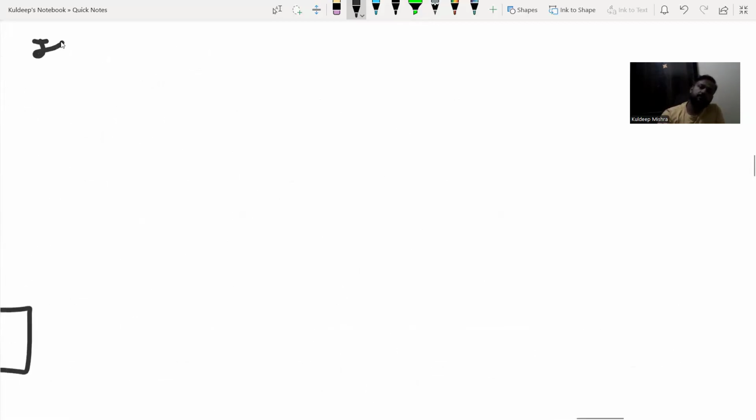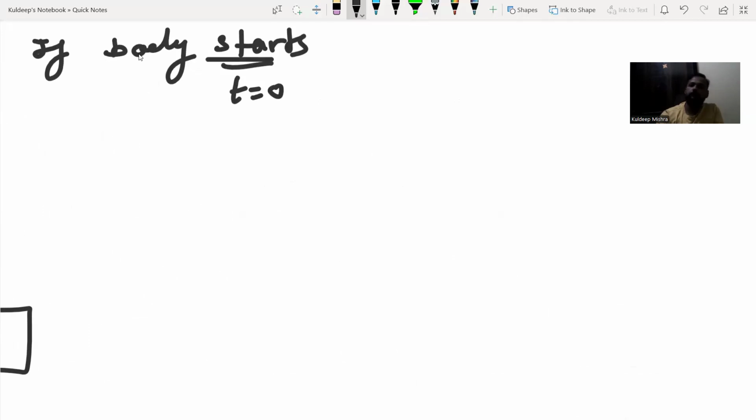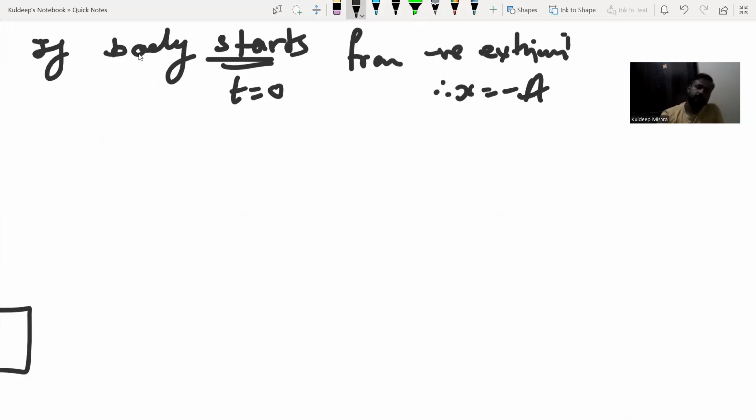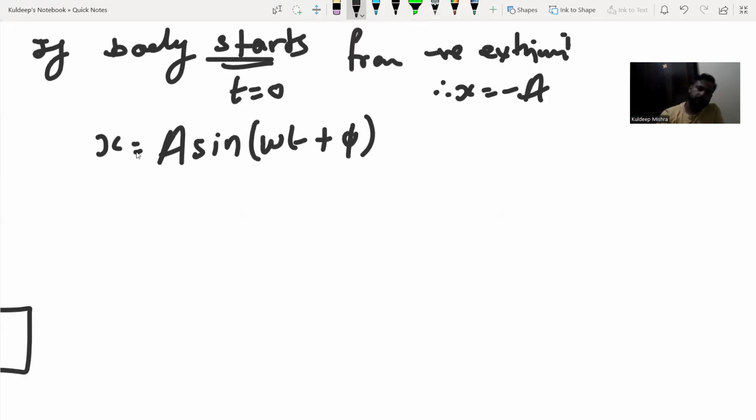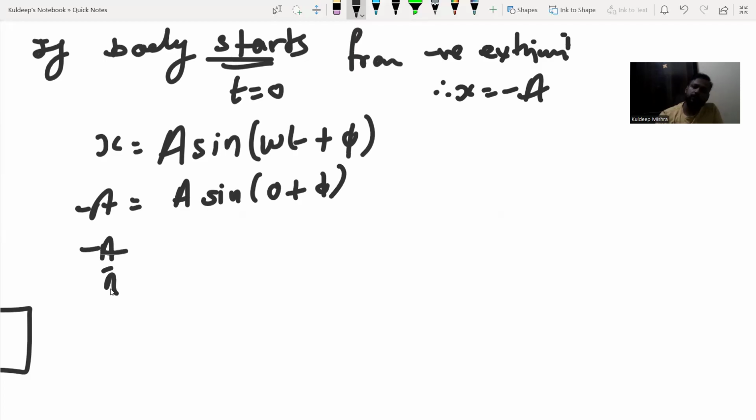Now, if the body starts from negative extremity, again the word starts means time is 0. Negative extremity means x is equal to negative a. So x is equal to a sine of omega t plus phi, minus a is equal to a sine of 0 plus phi, minus a over a is equal to sine of phi.